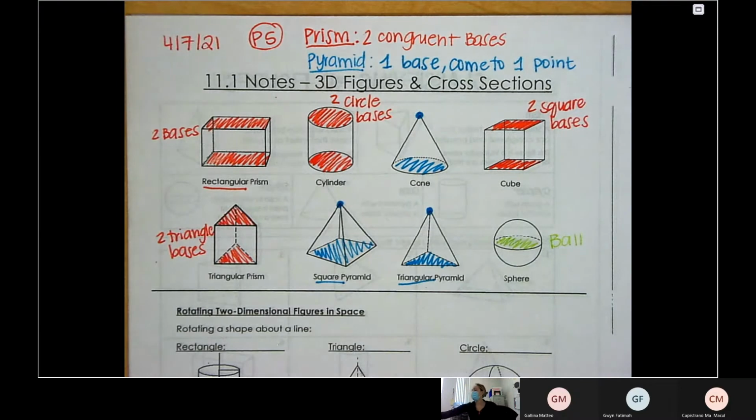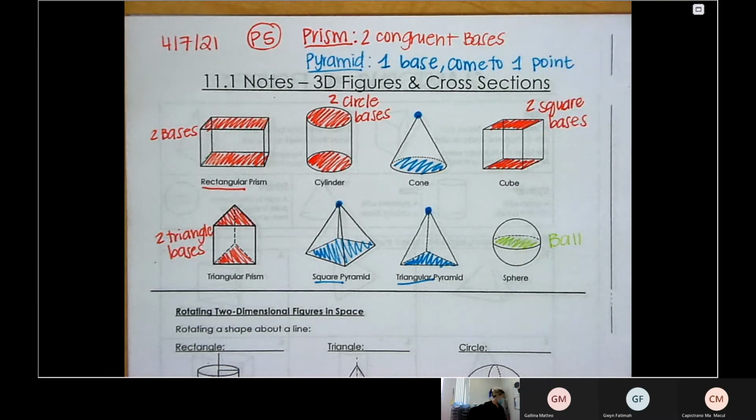Okay, you'll understand. All right, so those are all of our 3D shapes. Was this hard as it gets? Okay. Those are all the 3D shapes that we're going to be talking about. And so we've classified them based on if they have one base or two bases, or if they're their own very special sphere.